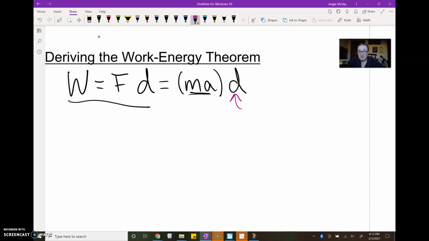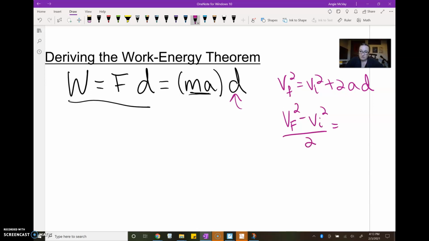And then for distance or displacement, since an object is accelerating due to a net force, let's try and play around with a motion equation. Why not? So if we're accelerating, speeding up, okay, and then let's do some algebra here. V final squared minus V initial squared over 2 equals ad, right?